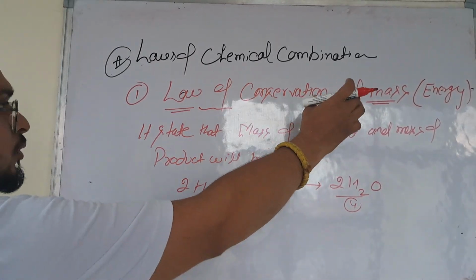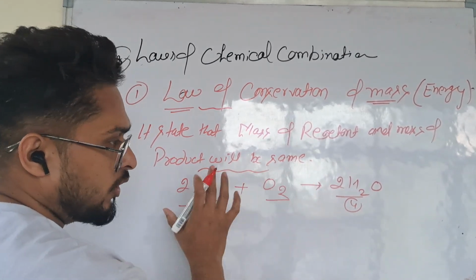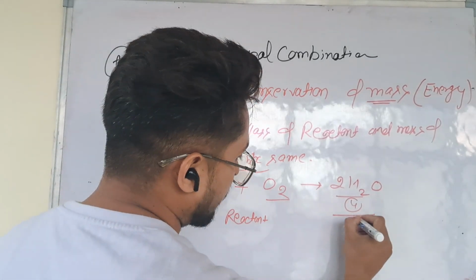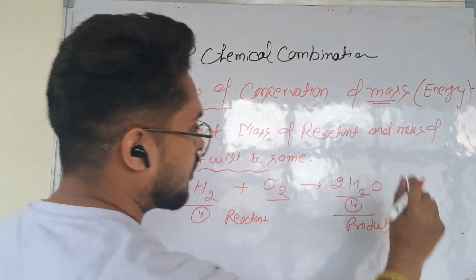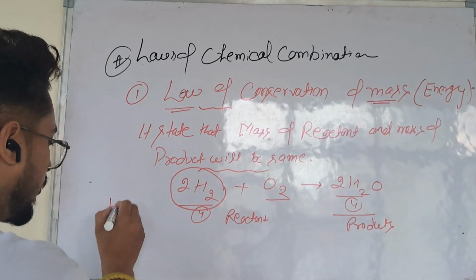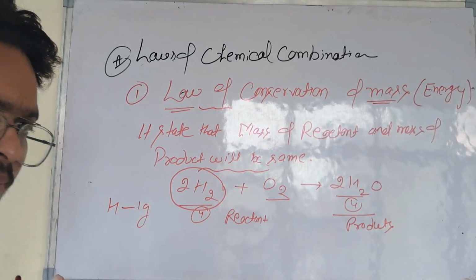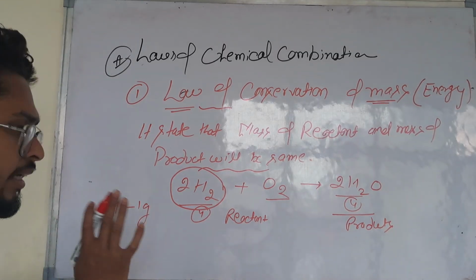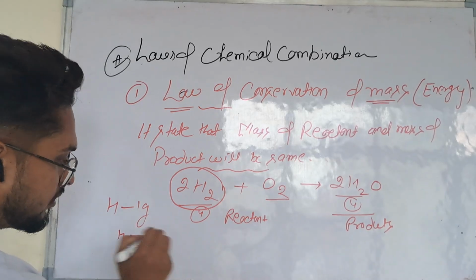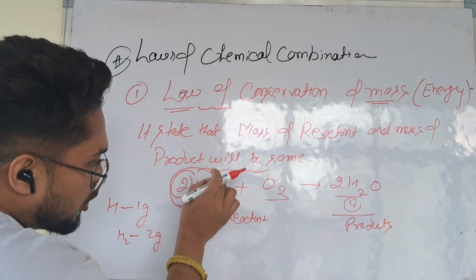Now how is the law of conservation applied in this particular reaction? On the left hand side of the reaction are the reactants, and the right hand side are the products. So what is the mass of this 2 H2? We know that 1 hydrogen atom has mass nearly taken as 1 gram. So H2 has mass 2 gram, and 2 moles of H2 are present.